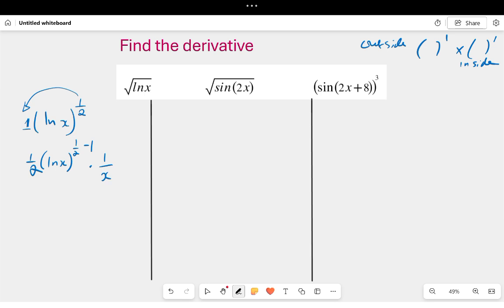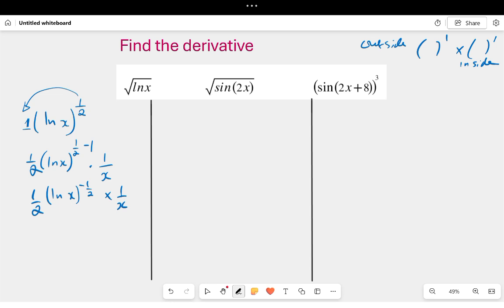Now simplifying this, we are going to find 1 over 2 ln x to the power negative a half times 1 over x.